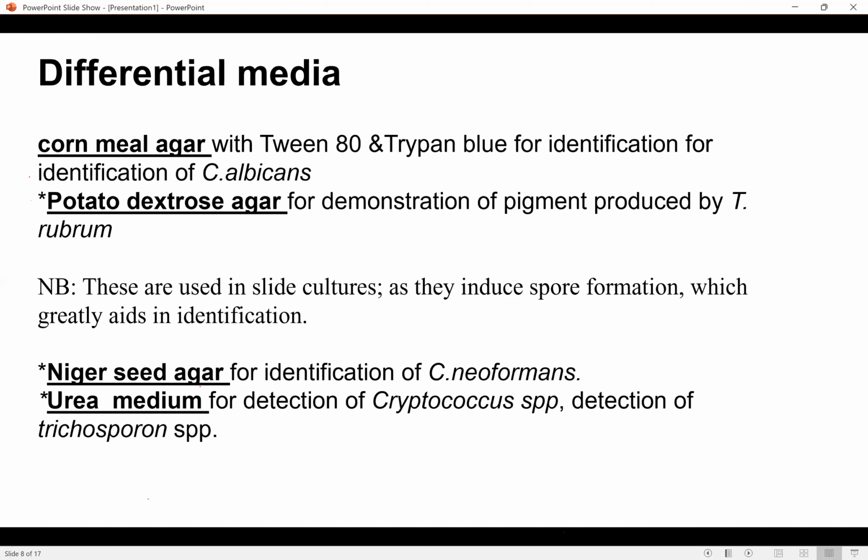Remember, I said generally we culture in tubes to prevent inhalation of spores which are produced. But if our intention is to demonstrate spore production as a means of identifying the pathogen, then we'll have to use a slide and not a tube. Take note of that.